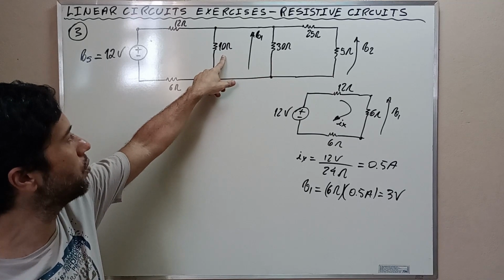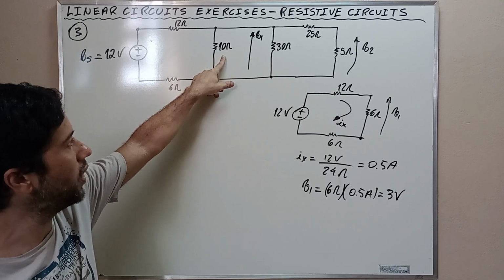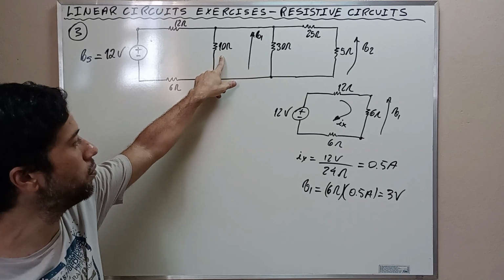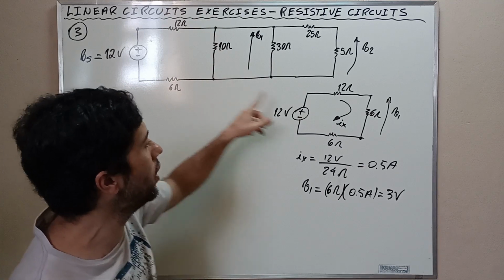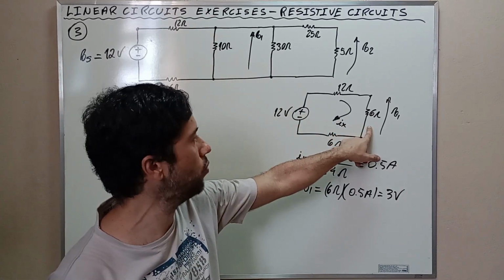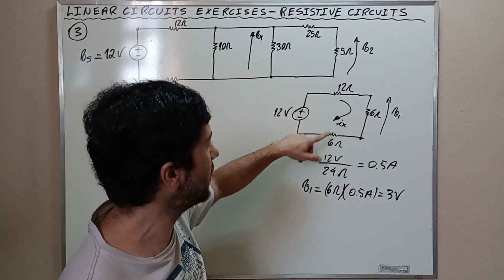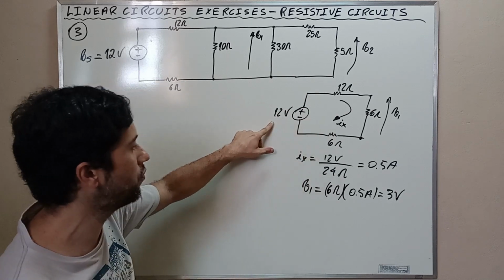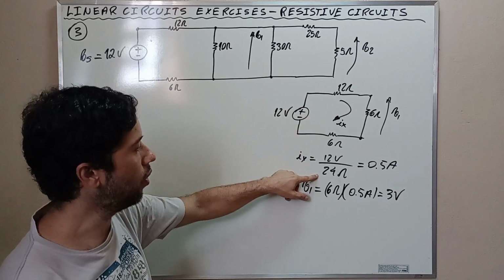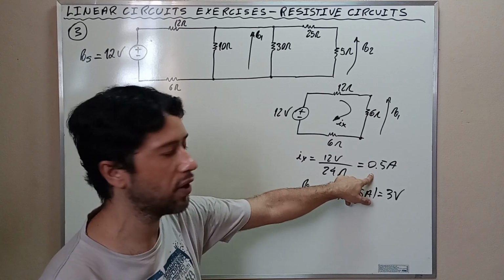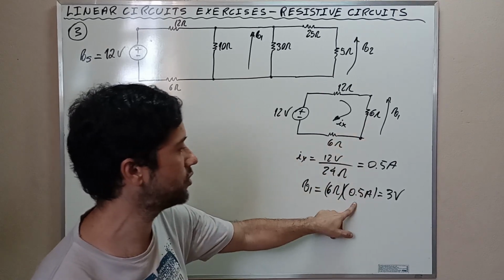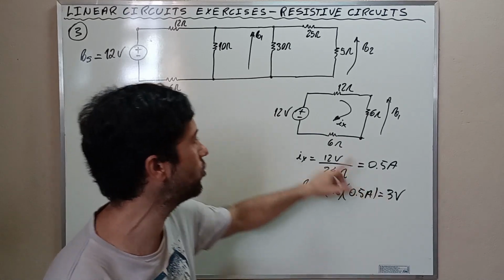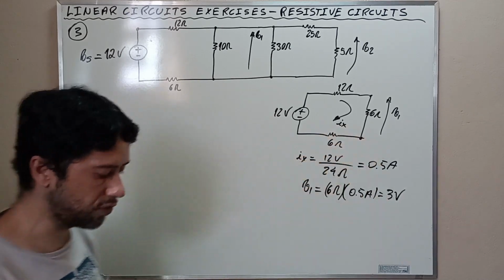And we combined with this 10 in parallel. 15 with 10 in parallel is 6. And the voltage V1 will be on top of 6 ohms. We computed Ix by dividing 12 volts by 24 ohms, and we found a current of 0.5 amps. 6 ohms times 0.5 amps is 3 volts, and this is the value of V1.